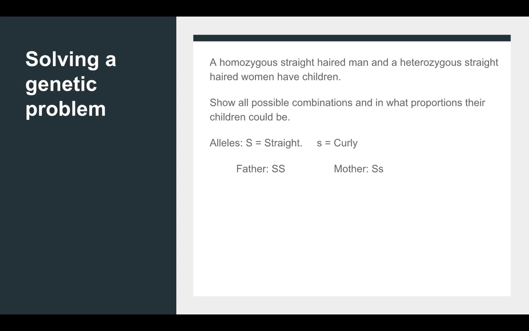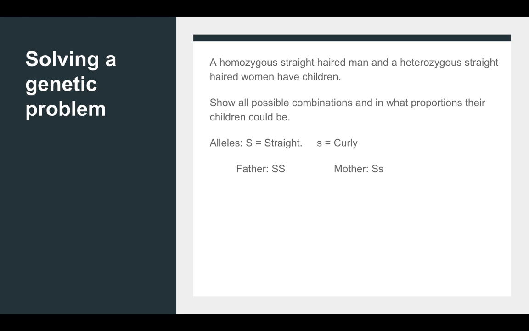Now, what offspring can they produce? Now, in their gametes, only one of either of the letters is passed on to their offspring. The father passes on one of those two letters in his sperm cell, and the mother passes on one of the capital S or the small s in the egg.